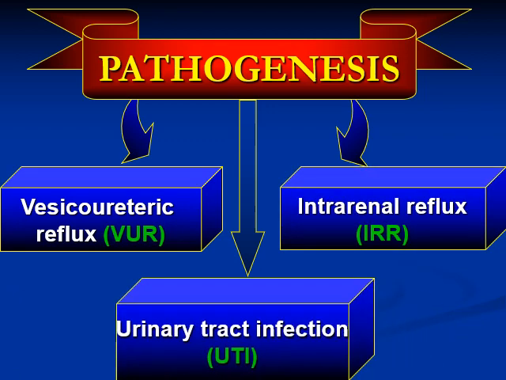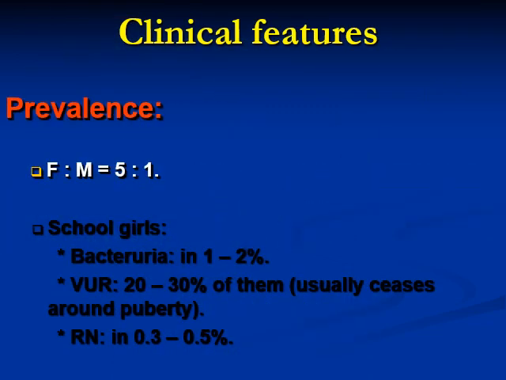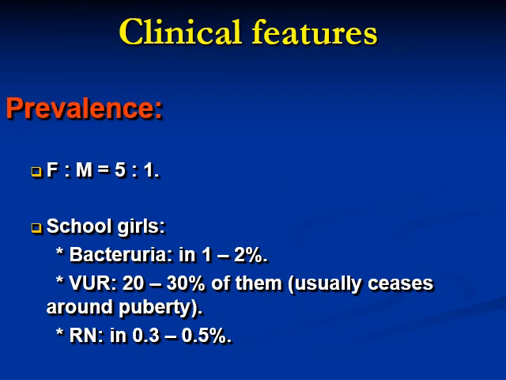Three factors are interacting. These are the vesicureteric reflux, the intrarenal reflux, and the recurrent urinary tract infection. Reflux nephropathy is a disease of young school girls. It develops in females 5 times more commonly than males.